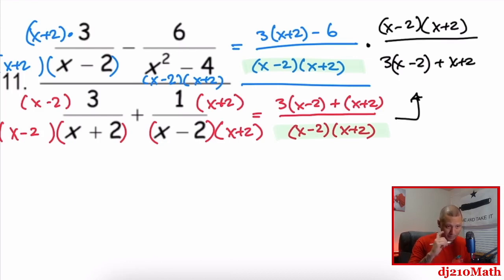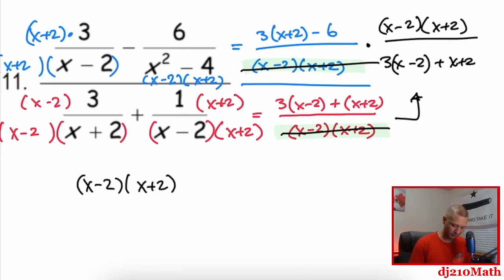So had this been me working this out just by myself, I would have canceled right here like this first. And then you see you have a numerator and a denominator, the red part and the blue part, that are left behind. And that's exactly what we have in the black. So x minus 2, x plus 2 over, let's distribute the 3.